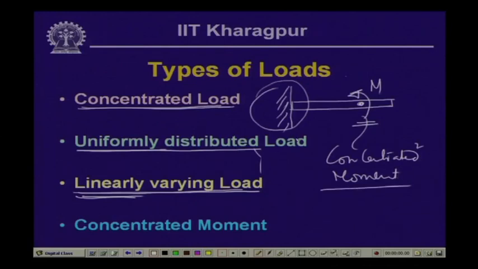So, in general a beam member supported on certain kinds of supports, as we have seen the different kinds of support, can be subjected to different kinds of loading: concentrated load, linearly varying load, uniformly distributed load, or concentrated moment, either individually or in combinations.